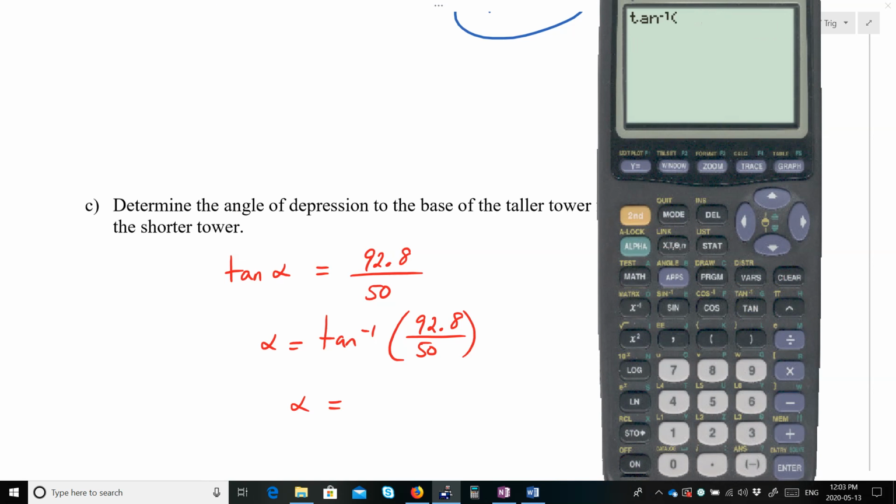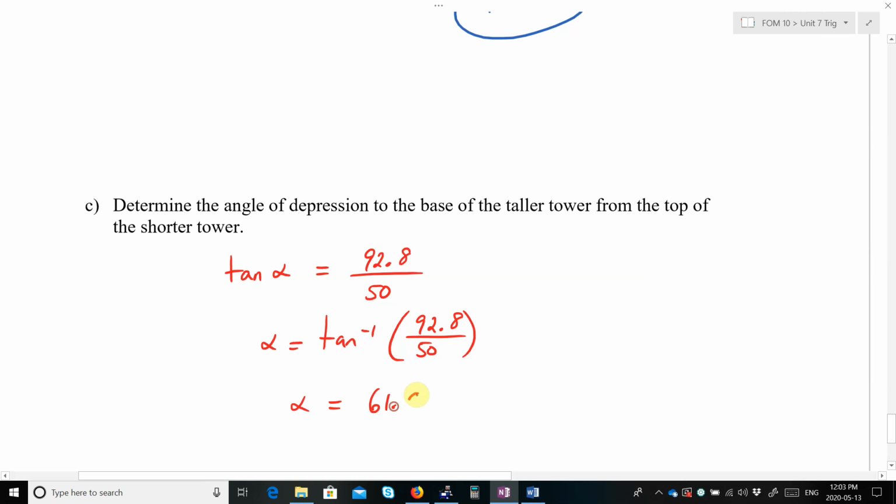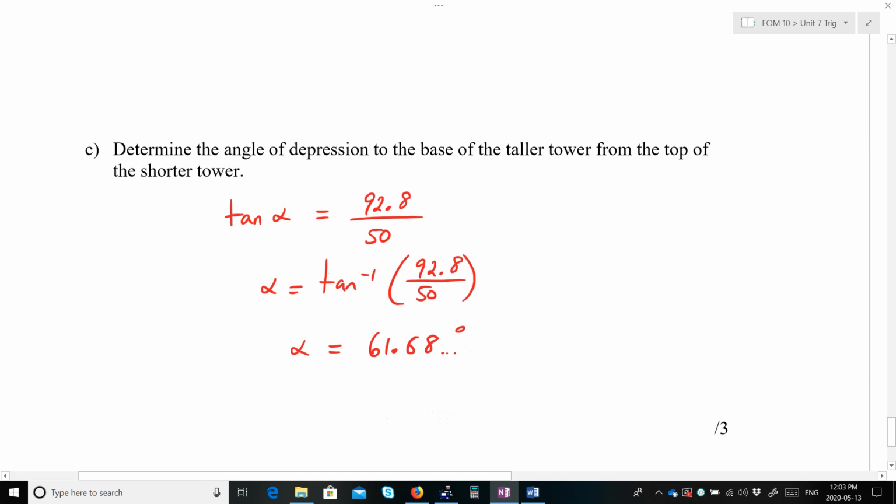So shift tan 92.8 divided by 50, and we get 61.68 degrees. A bunch of decimal places, so you could, if you wanted to, go to one decimal place, or you could even say 62 degrees.